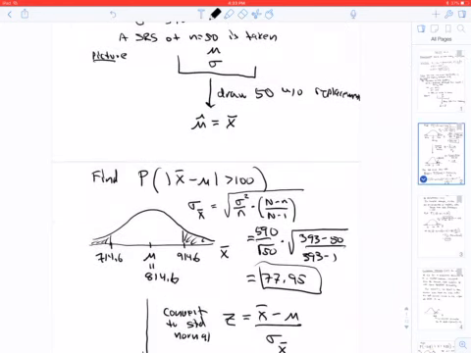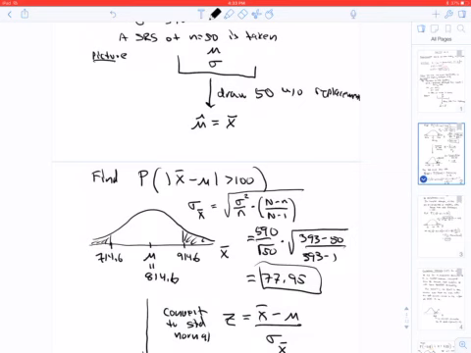What we're asked to do is find the probability that we're in the tail, namely less than 714.6 or greater than 914.6.